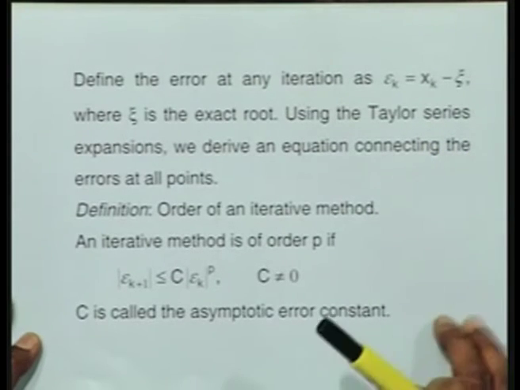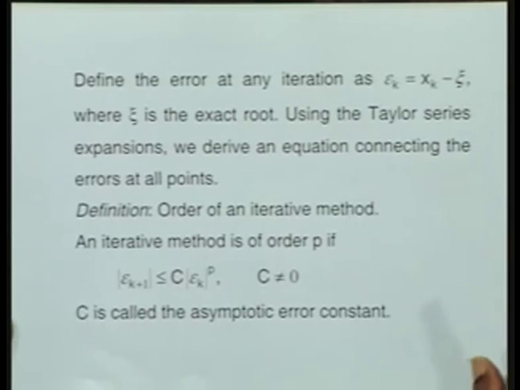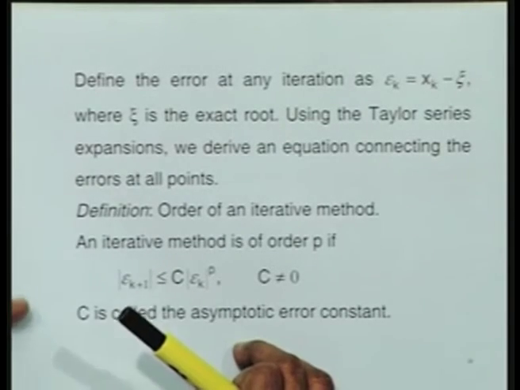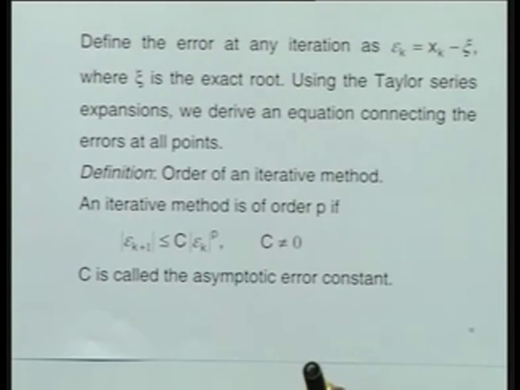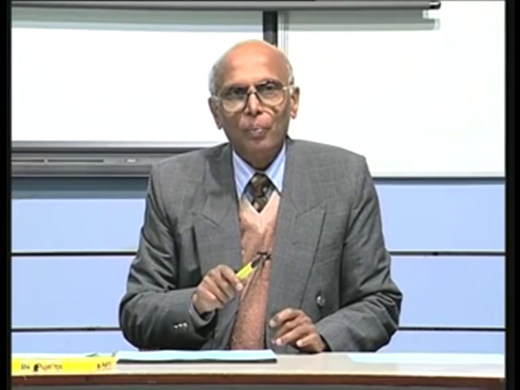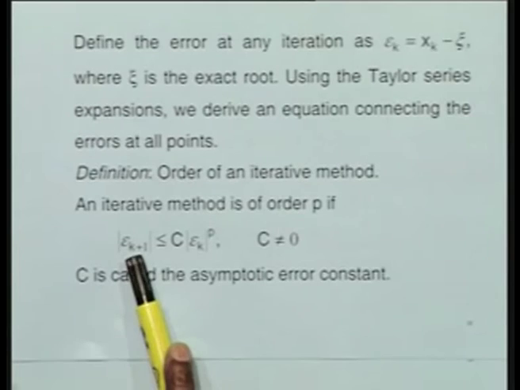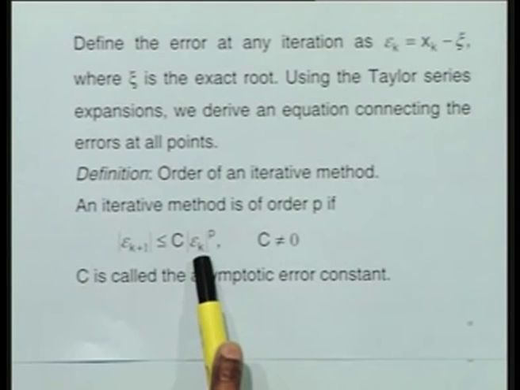Now, as I mentioned, the order of the method is defined by how the error at the present step is connected to the error at the previous step. That means, if we are computing xk plus 1, how is the error at the k plus 1th step connected to the error at the kth step, that is, how epsilon k plus 1 is connected to epsilon k.